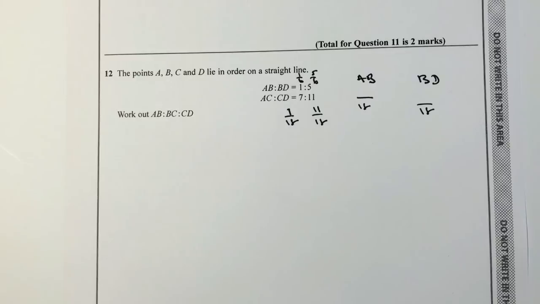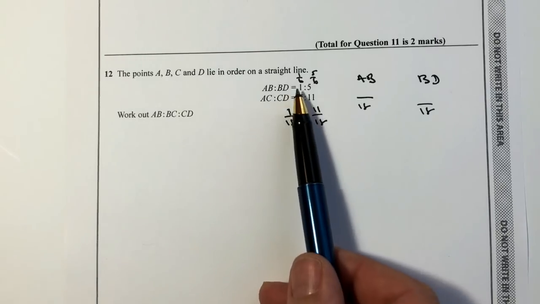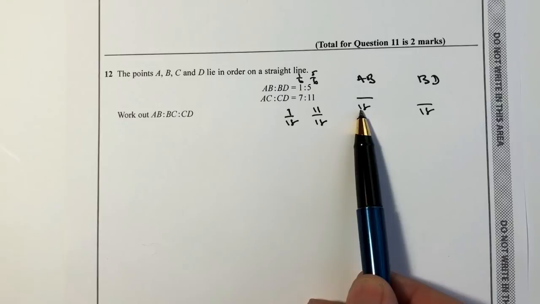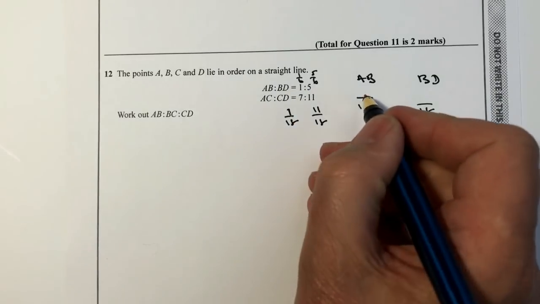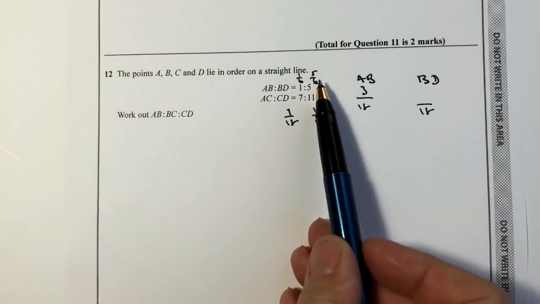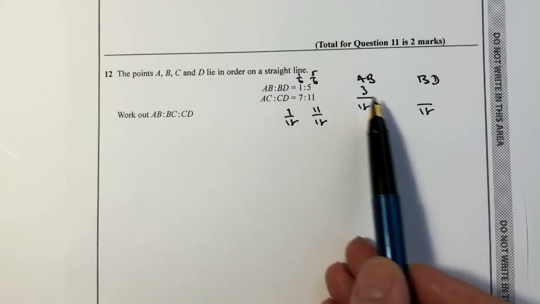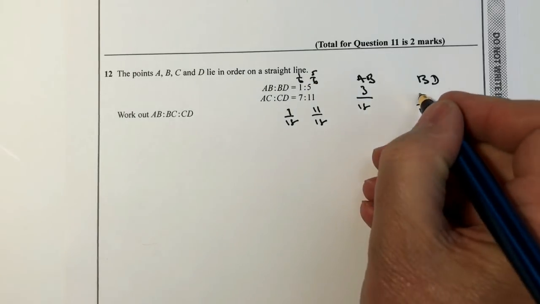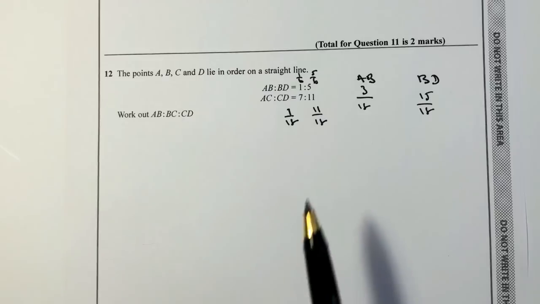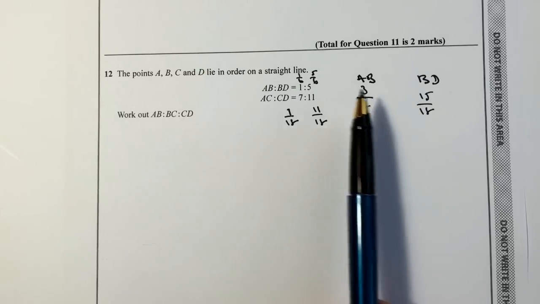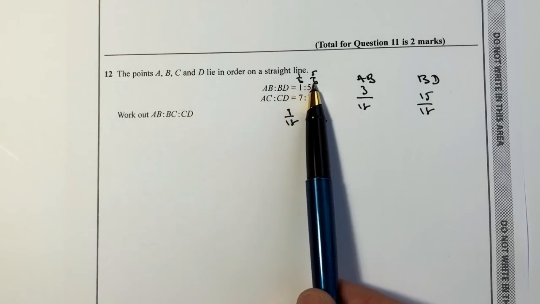So rather than chopping the bits of wood up into 6 pieces, I'm going to chop it up into 18 pieces. 6 into 18 is 3, so 3 times 1 is 3, and 6 into 18 is 3 again, so 3 times 5 is 15. These are the direct equivalent fractions to these two fractions here.